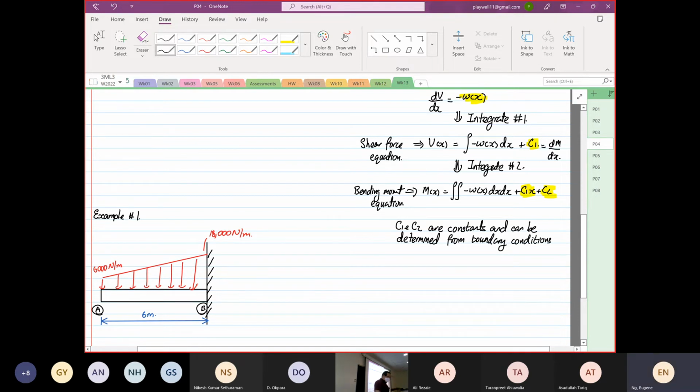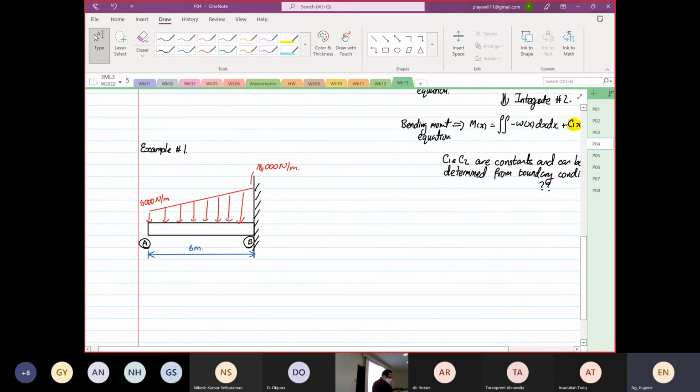What do we mean by boundary condition? For this case, you need to know your boundary conditions. There are 4 different types that I want you all to know.